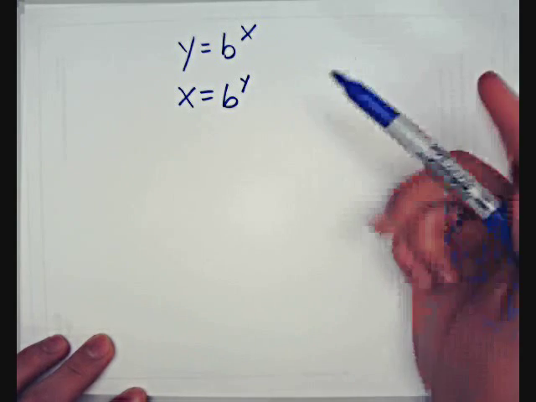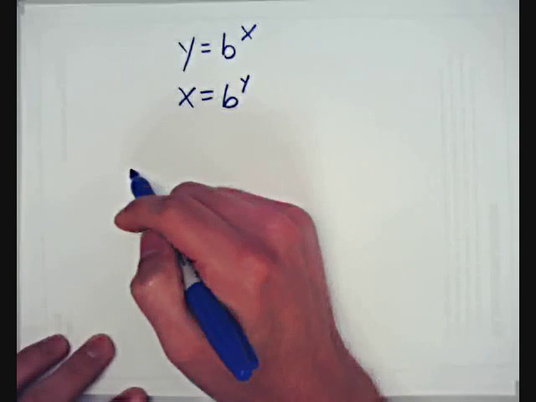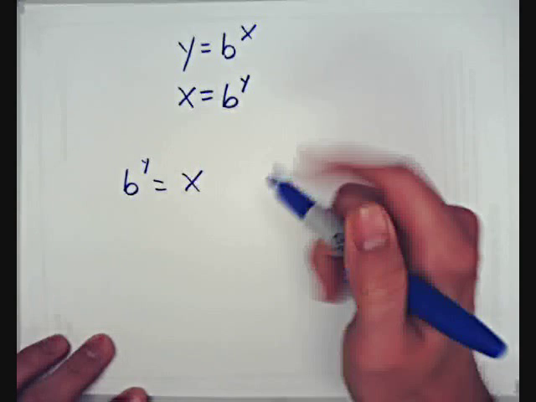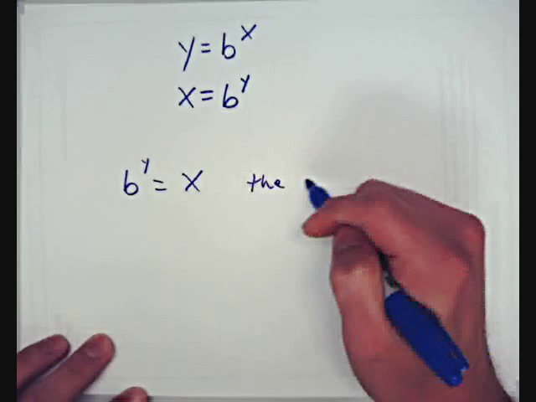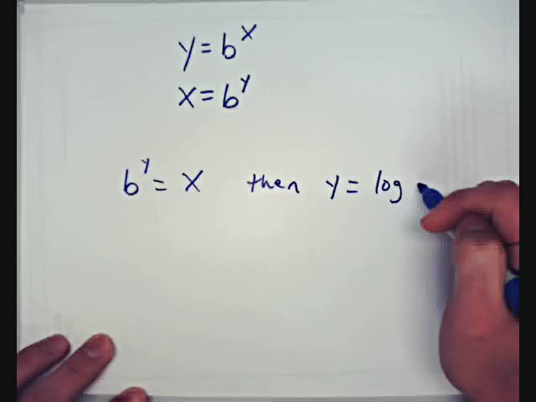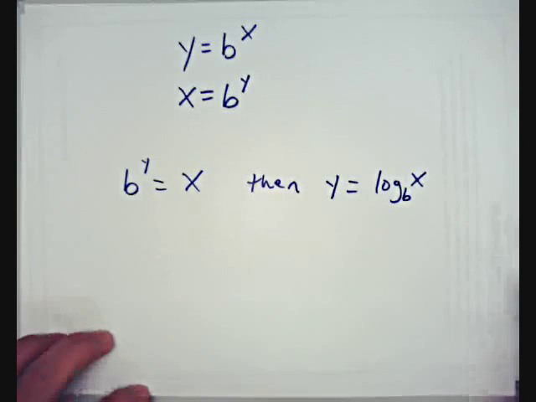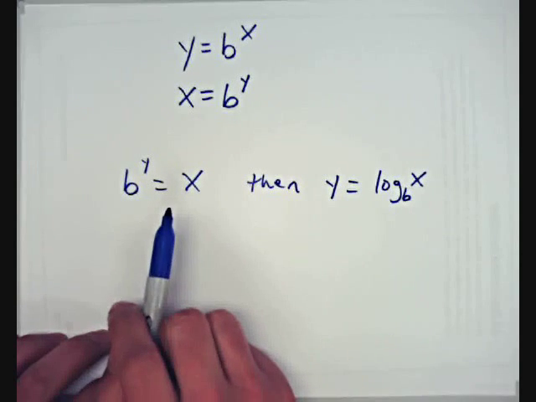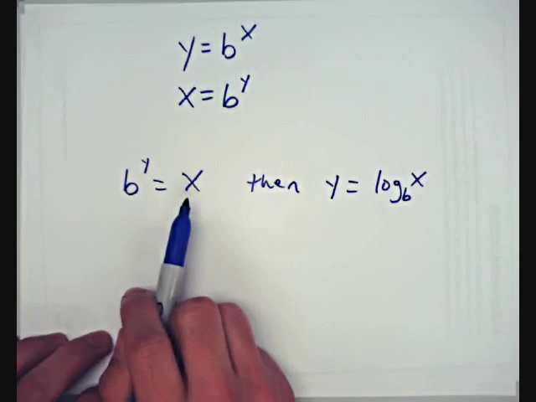Okay, so we define the log function as: if b to the y equals x, then y equals the log of x with base b. So a log is nothing more than the inverse of the exponential function.